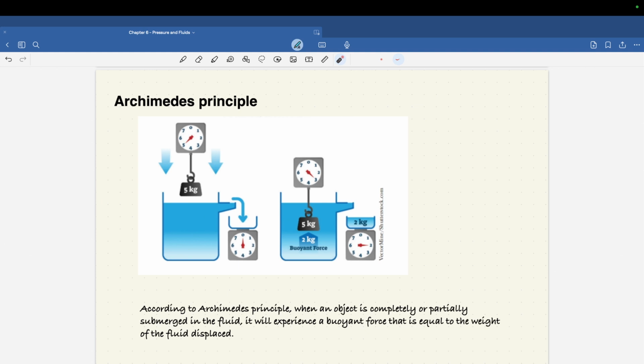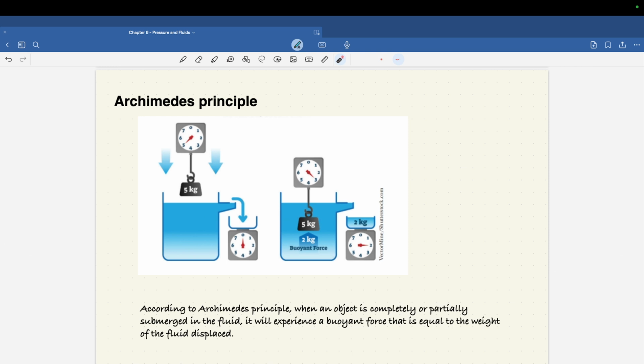All right, so we come to the last part of this chapter where we talk about the buoyant force. If you take a solid and put it in a liquid, the weight of the solid appears to have decreased because all liquids push back up on a solid.